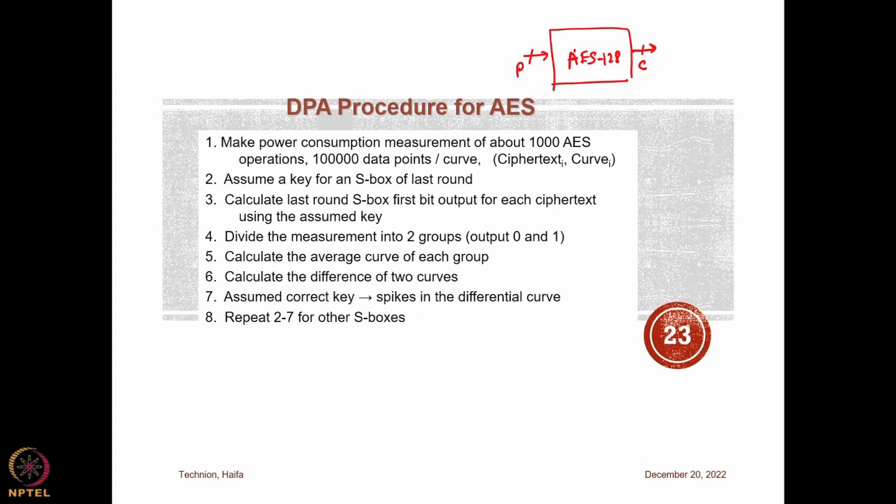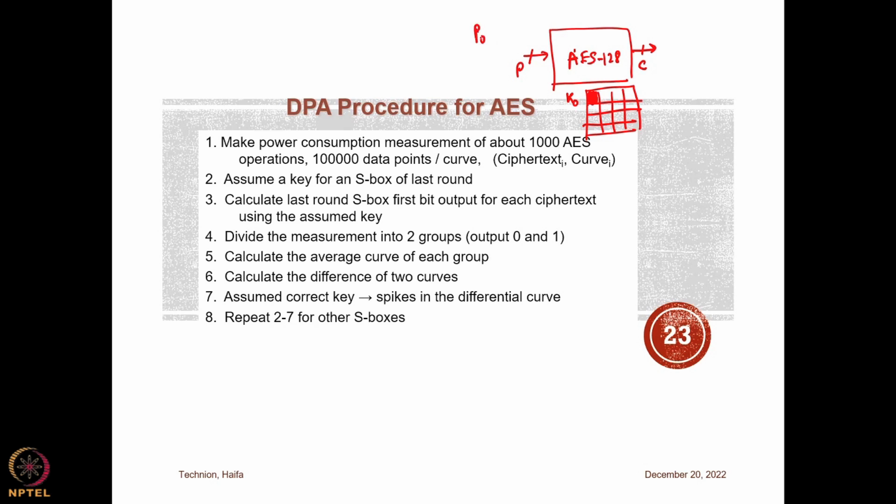This is a divide and conquer attack, which means I will try to obtain the key in a byte by byte fashion. Remember that the key is also organized in the form of 128 bits, 16 bytes. I'm interested in this byte. I call this key byte K0, the 0th byte of the key, and the corresponding plain text byte is P0.